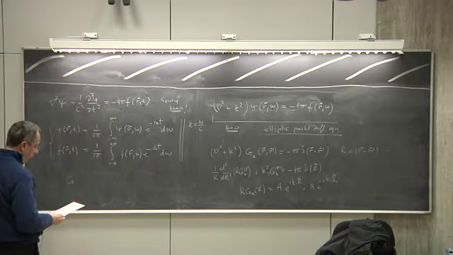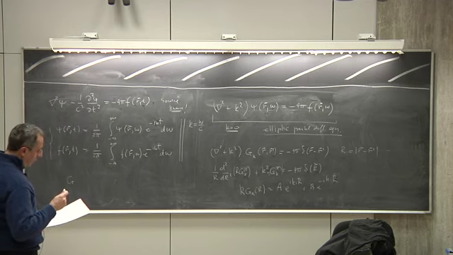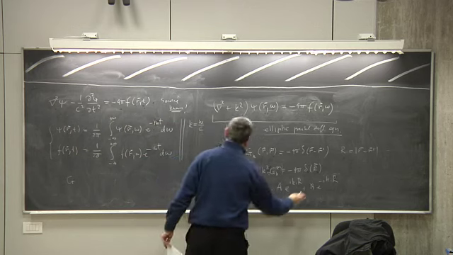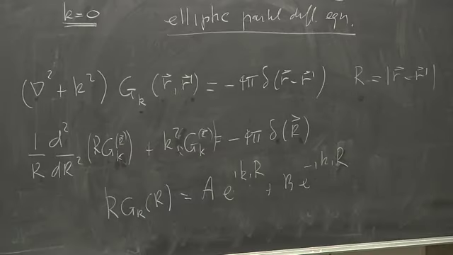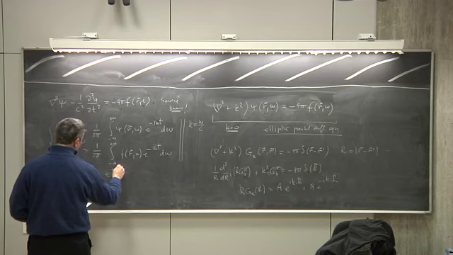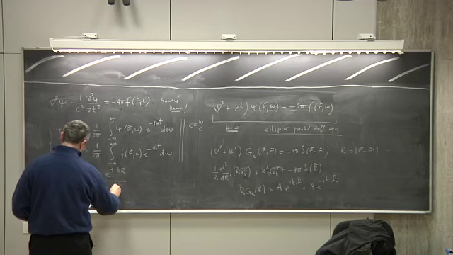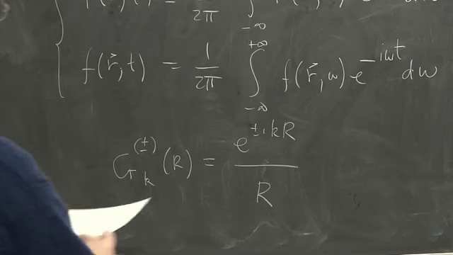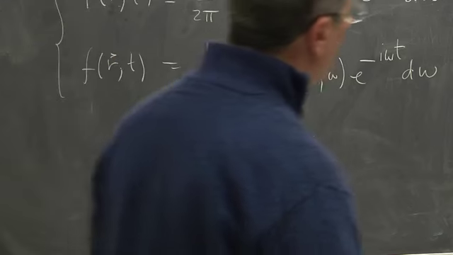The generic solution of this, you can have two: the one with the plus sign and the one with the minus sign. So these usually are indicated plus minus, G plus minus k of R equals e to the plus minus i k R over R. You see, they are spherical waves.